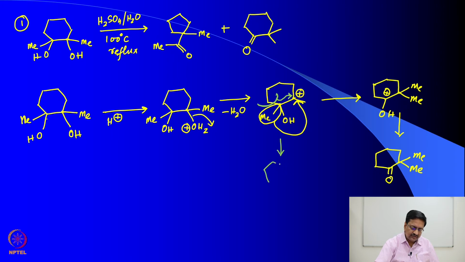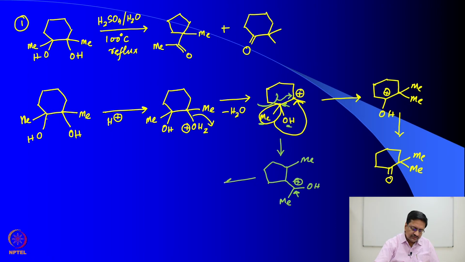From a 6-membered ring, it will become a 5-membered ring. There will be a methyl group, and this group will have OH and plus and methyl here, because this methyl and OH are hanging now from that particular carbon which is here.